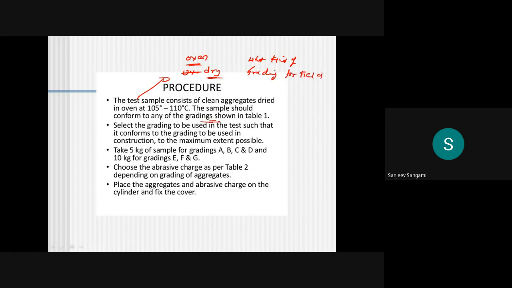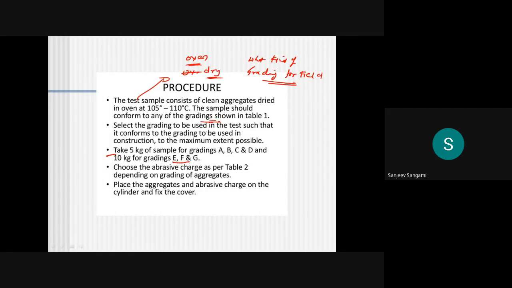Based on that you have to select whether it is A, B, C, D, as we will see later. Take 5 kg of sample for gradings A, B, C, D and 10 kg for gradings E, F, G.